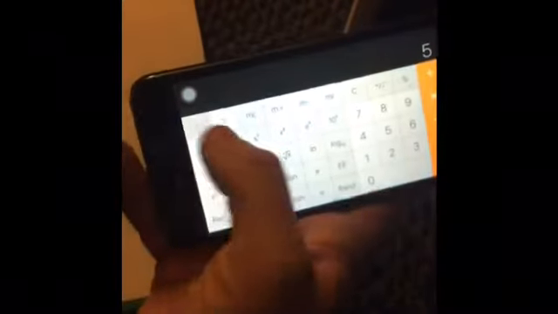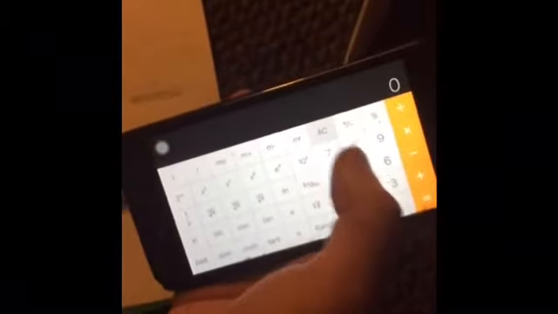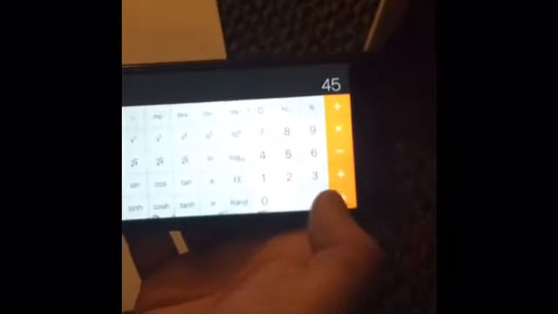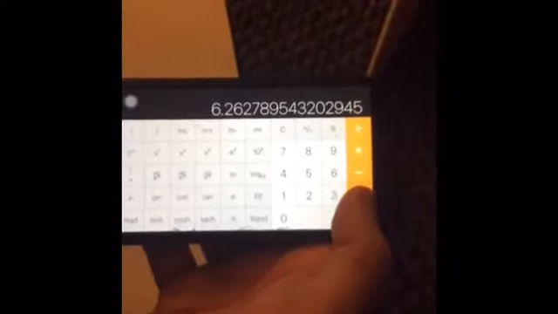Now we find our y. So we'll do 8 sine 45, which equals 6.262.